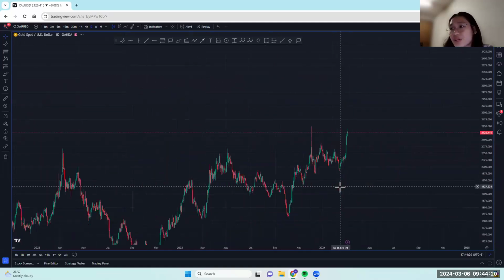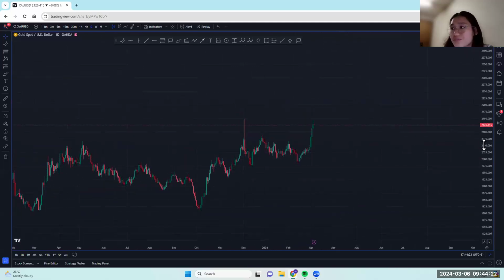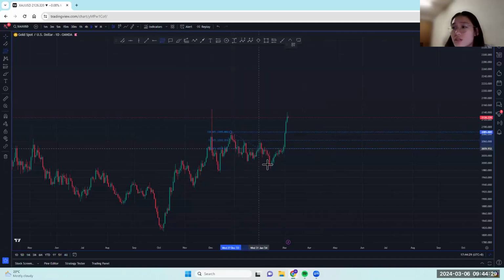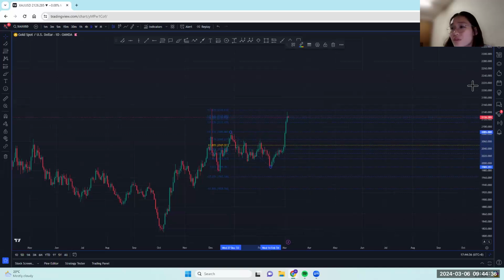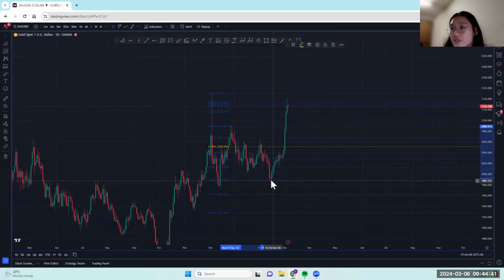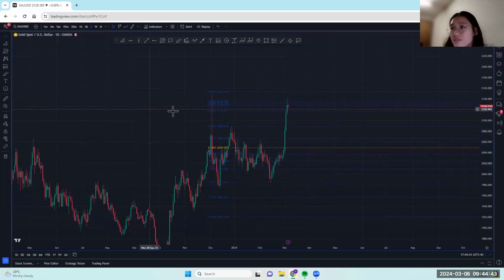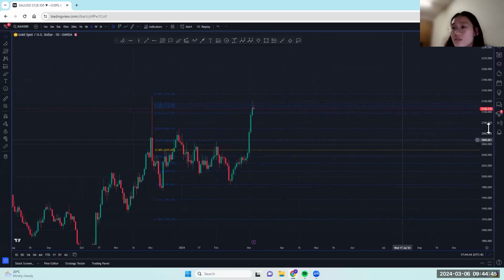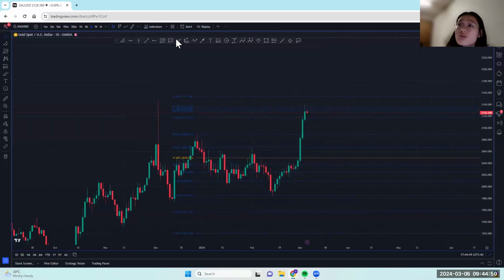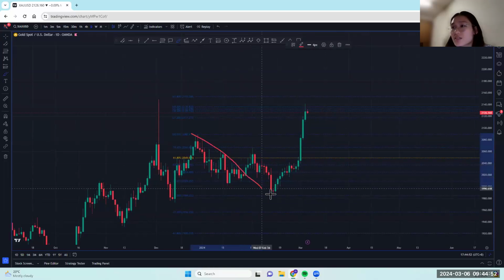Let's go in with some levels. To start off, I think I have a Nike tick shape here. I'm going to try and zoom in so that you guys can see. The Nike tick shape is like this.